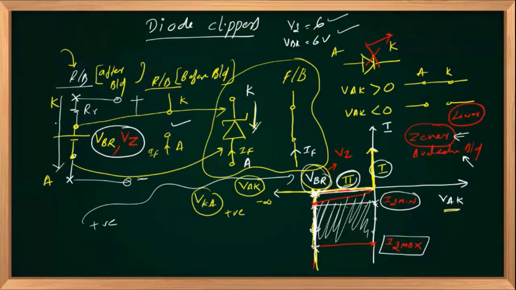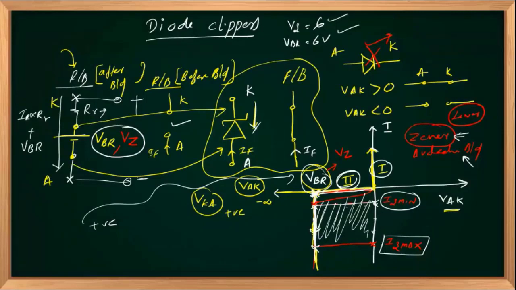So reverse current IR multiplied by RR plus VBR or VZ will be the voltage, right? So when RR equal to 0, this voltage VBR is constant.